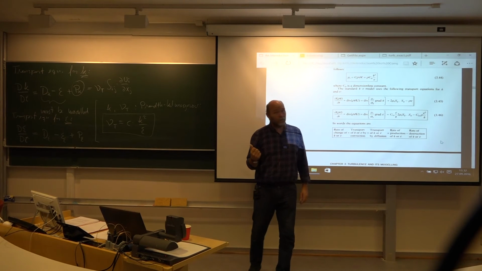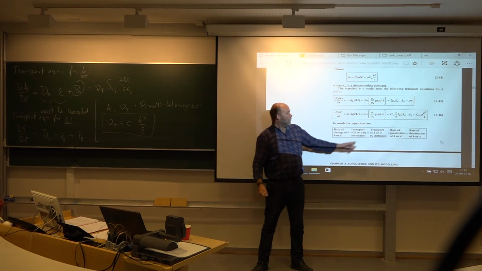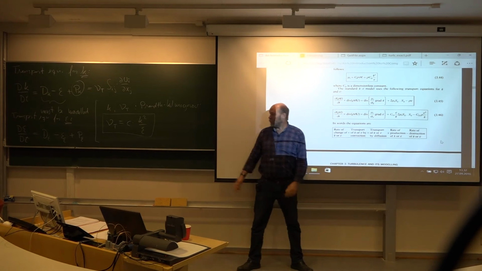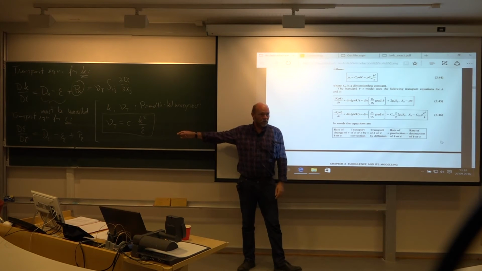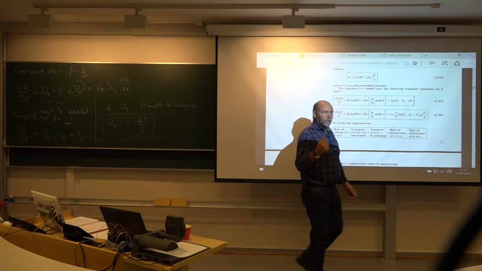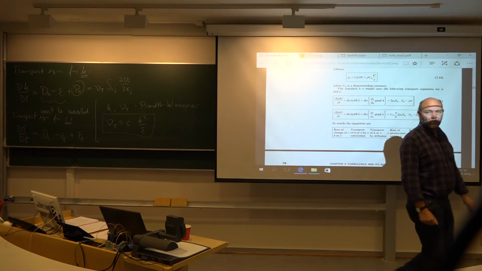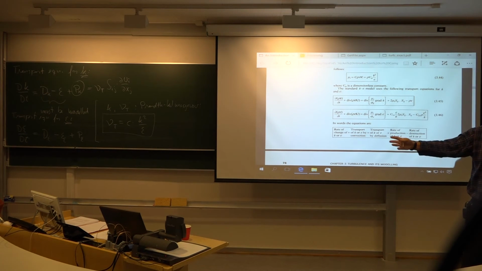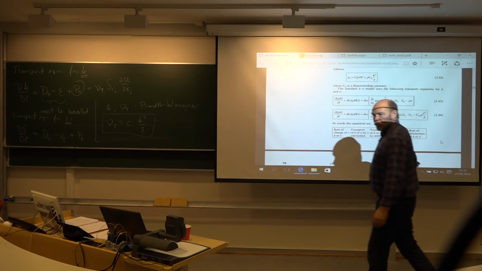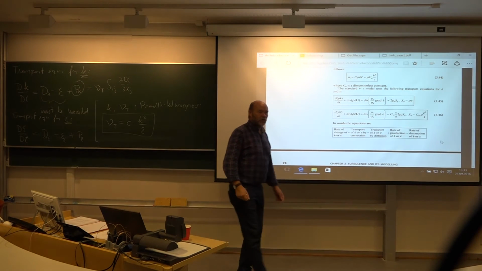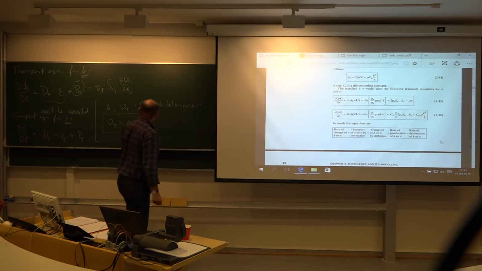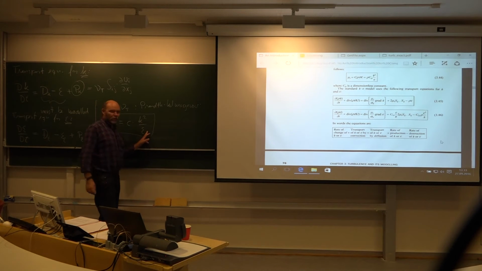Because in a laminar flow, k is 0. It's exploding. Epsilon is 0, it's exploding. So k epsilon can't handle laminar flow. Of course, all codes will cheat. So they don't divide by epsilon.